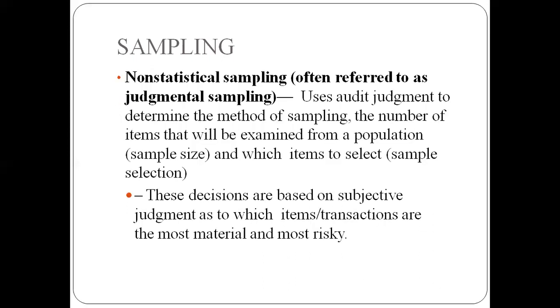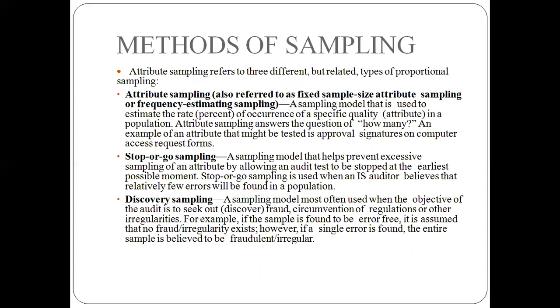The other approach is judgmental or non-statistical sampling, where the auditor just uses perception and experience to determine the sample size or the sampling criteria. Of course, this is quite subjective, so this might increase sampling risk if you are using judgmental sampling.